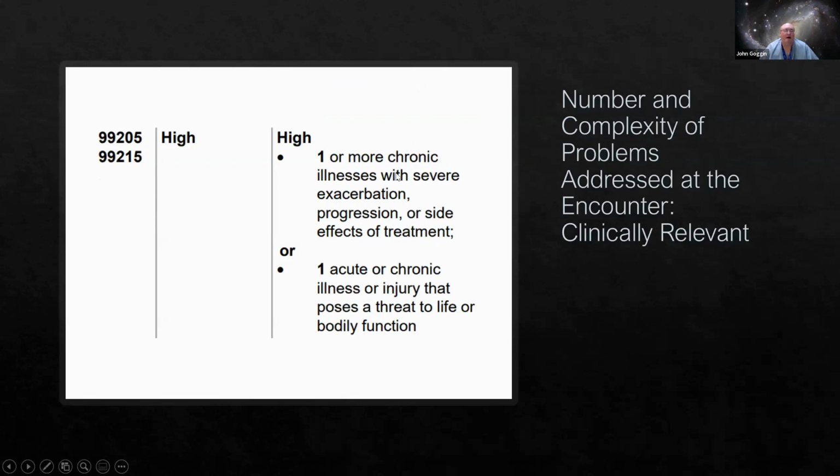This might be, for example, a diabetic foot infection that you're going to put in the hospital. An acute or chronic illness that poses threat to life or bodily function. This might be a compartment syndrome, again, a deep space infection, any ER to OR type thing that we might encounter would certainly fall into that category.